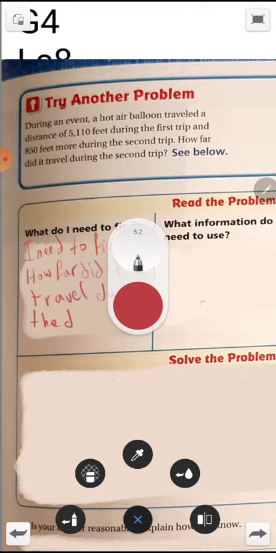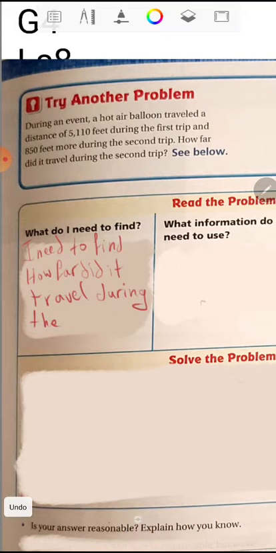How far did it travel during the second trip.